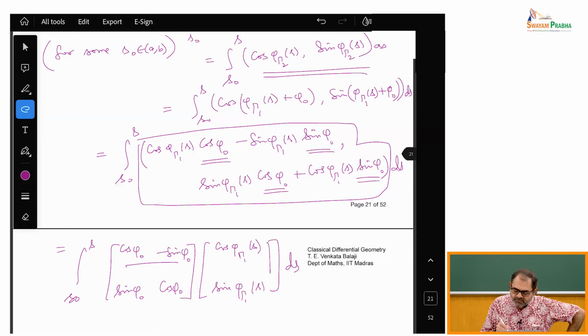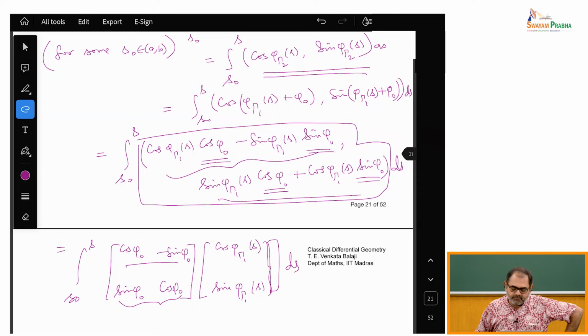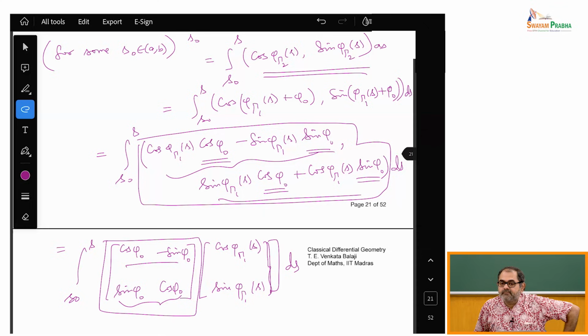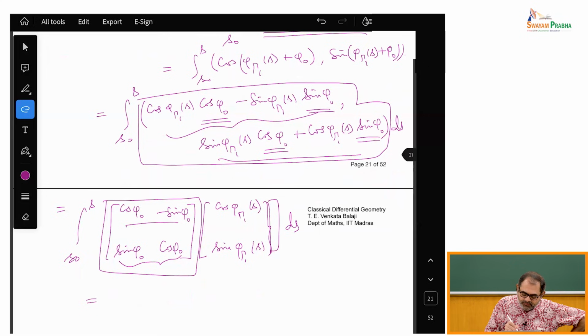First row into first column will give you the first component, and second row into the first column will give you the second component, right. And notice that this is a constant matrix. It is actually rotation by the angle phi naught, okay. So it can be pulled out of the integration. If I call this R phi naught, the rotation by phi naught, I will get R phi naught acting on the integral from s naught to s.